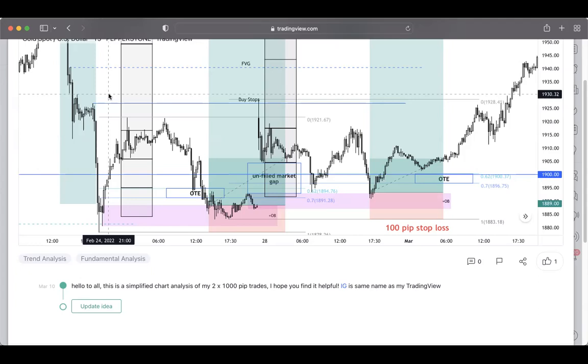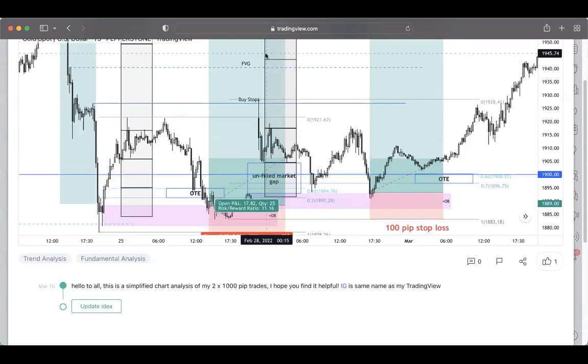So let's say you do not have any confluence and the boxes aren't aligning with anything. Then the best is if you look at two and maximum three, and the very max would be like four.